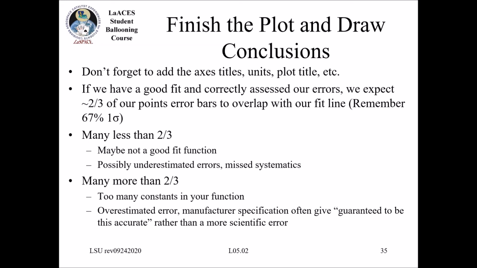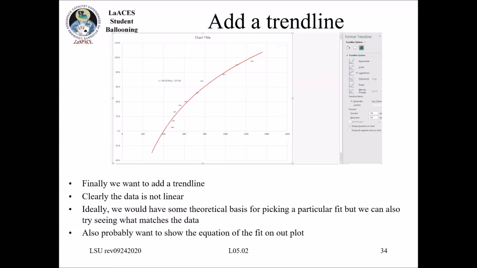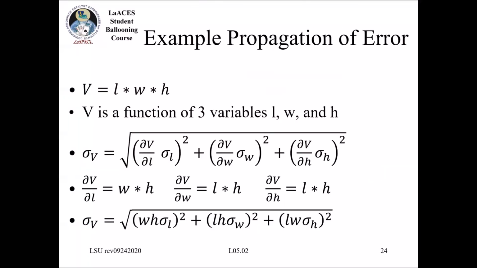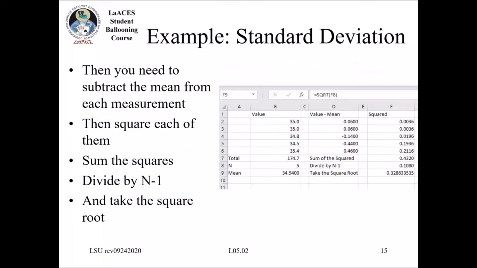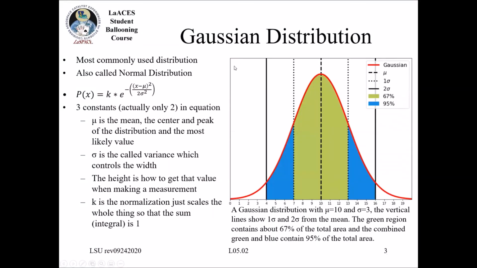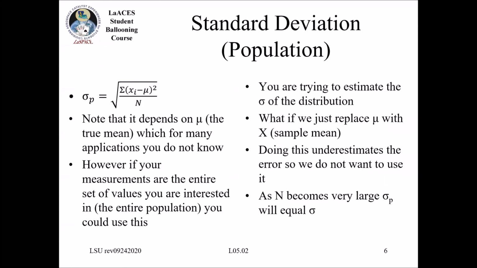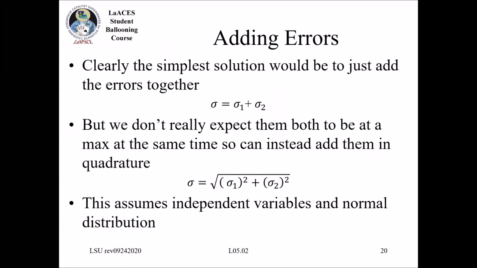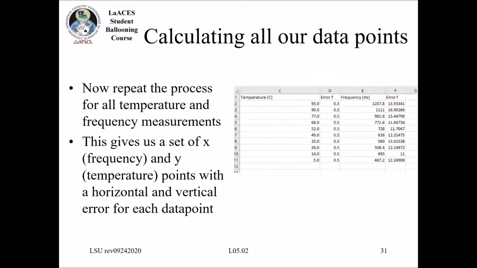Where that comes from is, if you remember, going all the way back to the Gaussian distribution, we said that 67% of the measurements should be within this region. So that is where that about 2/3 comes from, because 67% is about 2/3.